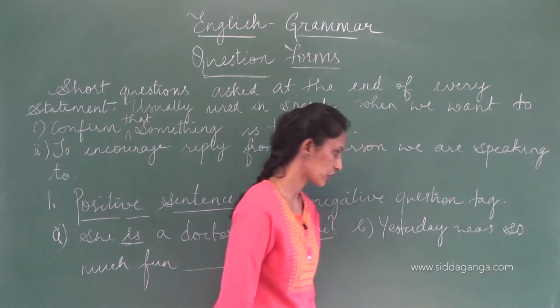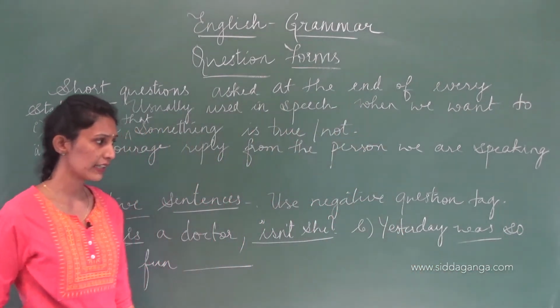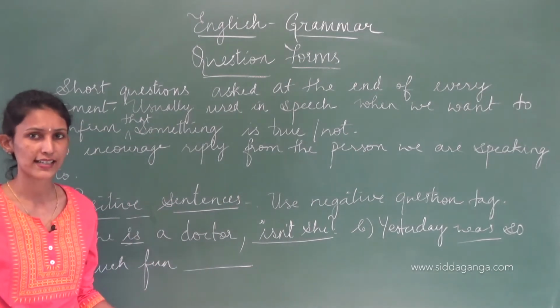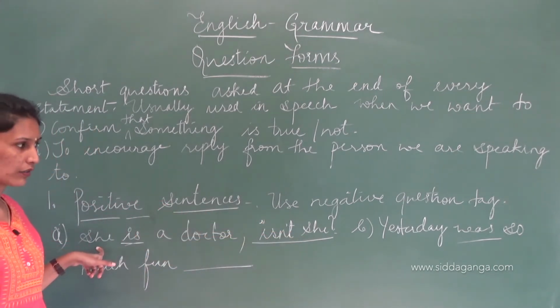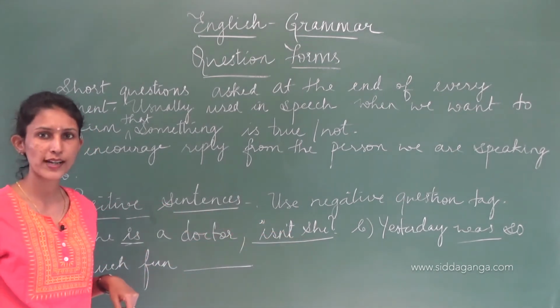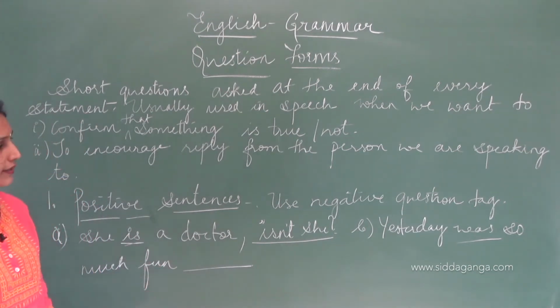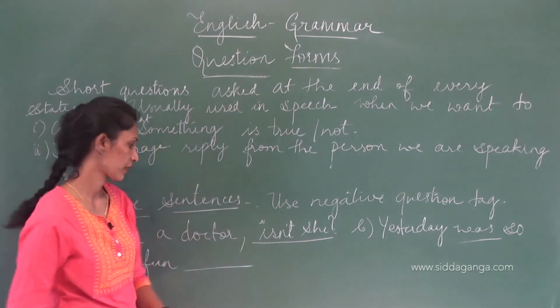Was. Auxiliary. Yesterday was so much fun, wasn't it? Now, why did you add she earlier? Because she is mentioned there. Here nothing of that kind, he or she, is mentioned. So, wasn't it? Yesterday was so much fun, wasn't it?